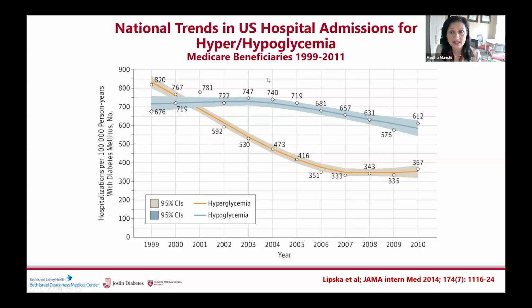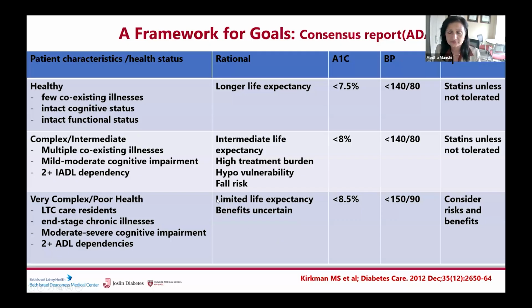And this is again in Medicare beneficiaries, older adults. However, the US hospital admissions for hypoglycemia did not really decline that much. So now there were more older adults being admitted with low blood sugar compared to high blood sugar, which is a flip. This is a complication of the treatment of one of the chronic diseases, and this is not an appropriate outcome.